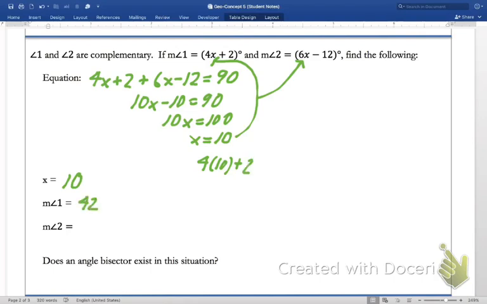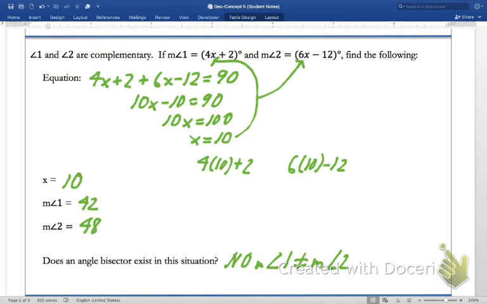And angle 2 is going to give us 6 times 10 minus 12, which turns out to be 48. So angle 1 and angle 2 are different. Is an angle bisector in this situation? The answer is no. Because the measure of angle 1 does not equal the measure of angle 2. That's the reason why. So an angle bisector has to have two congruent angles, and we don't have that in this situation.